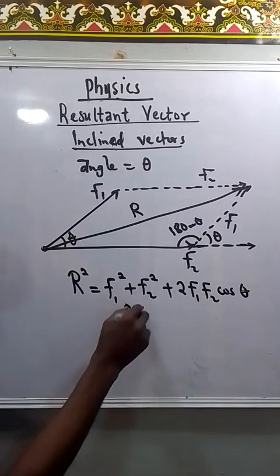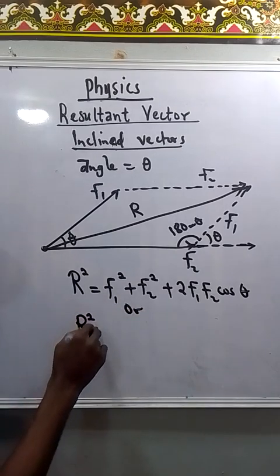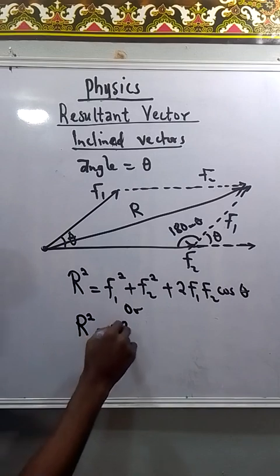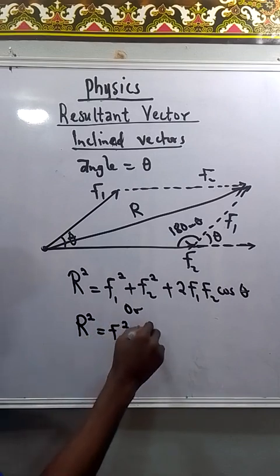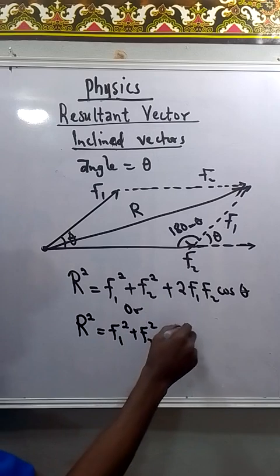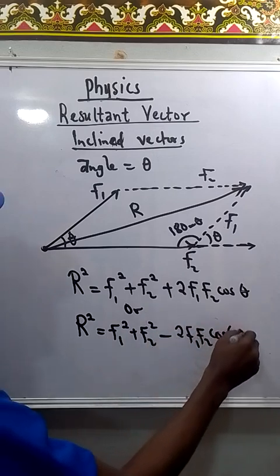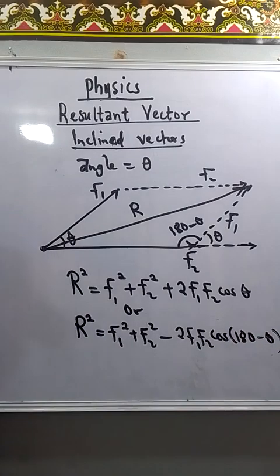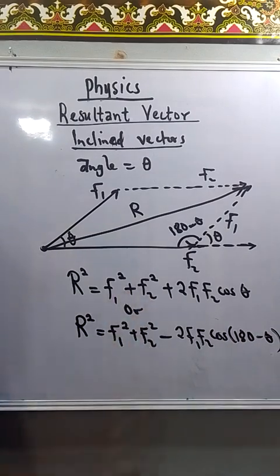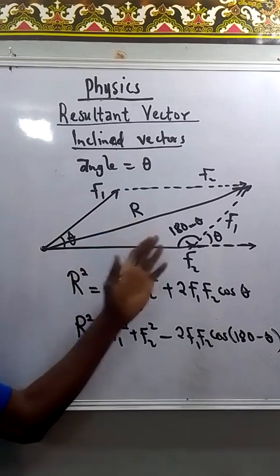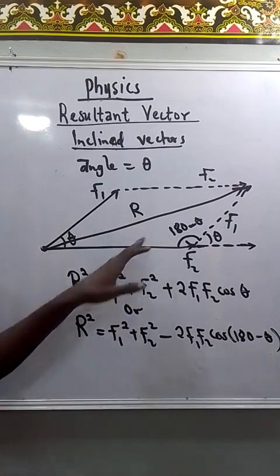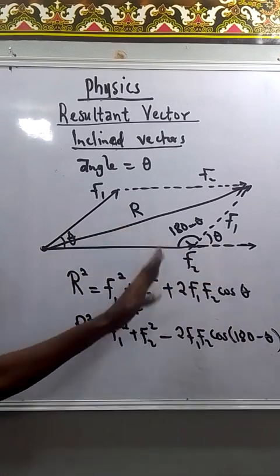Or we can use R squared is equal to F1 squared plus F2 squared minus 2F1F2 cos (180 minus theta). If we apply any one of the two, we get the same answer. This is the formula for finding the resultant in this case.